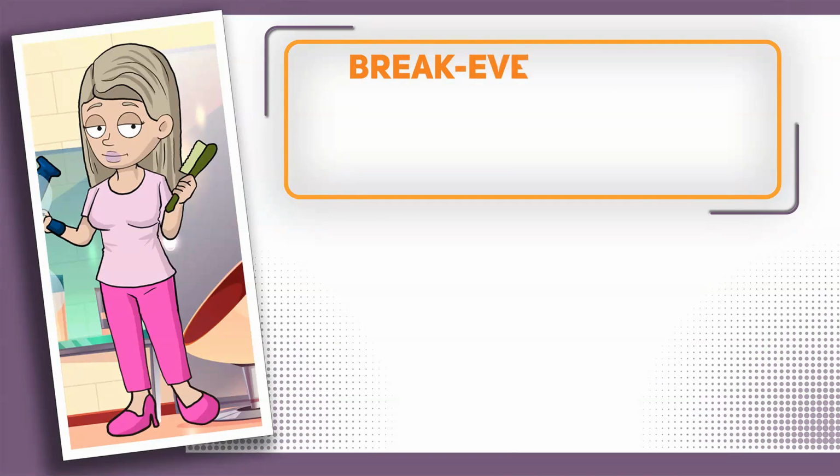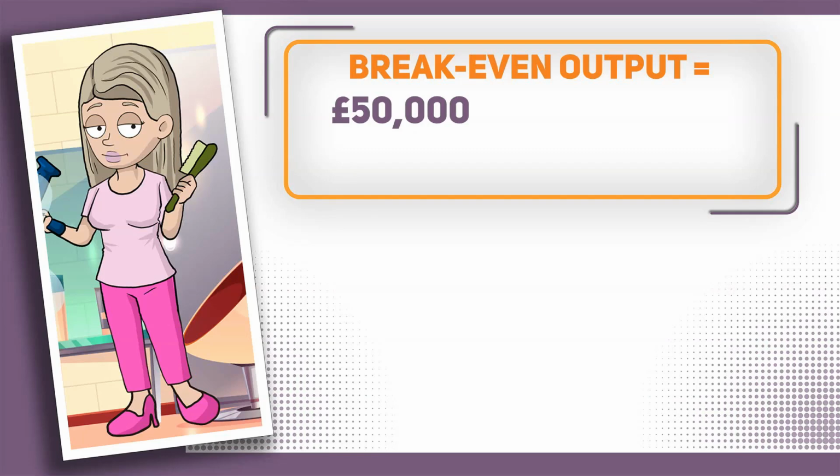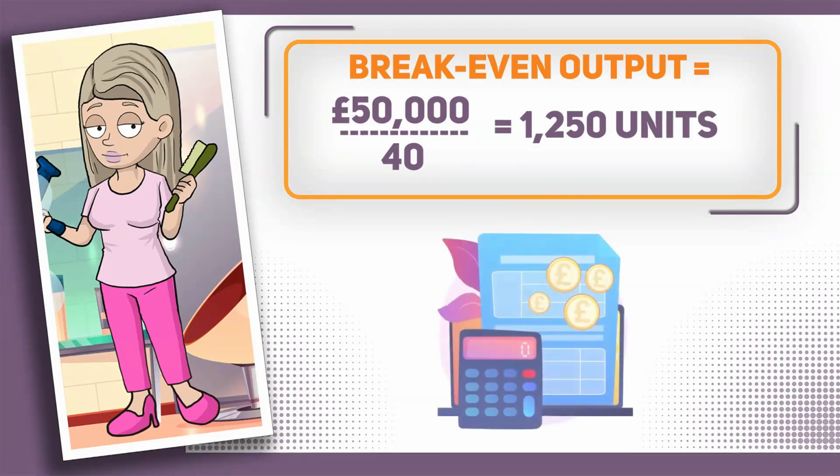Don't forget that the break-even output equals the fixed costs divided by the contribution per unit. So in this case, this is £50,000 of fixed costs divided by the £40 per unit contribution per customer, and this equals 1,250 units. What does this mean?